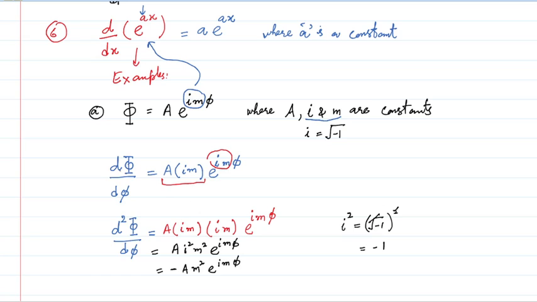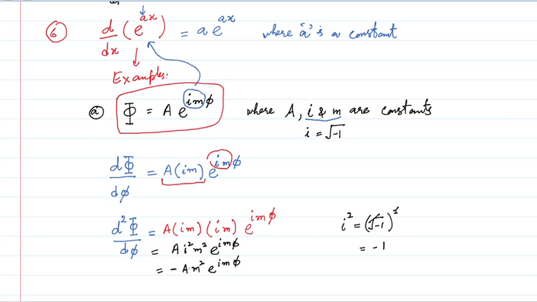Now if you compare this equation, this capital phi is basically equal to a e raised power iota m phi.